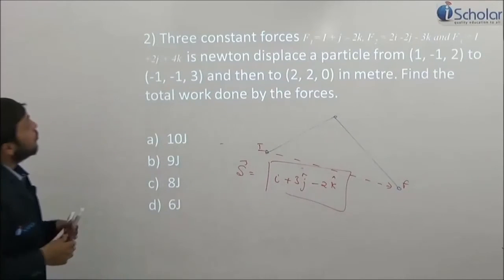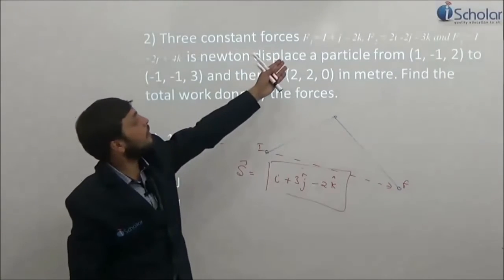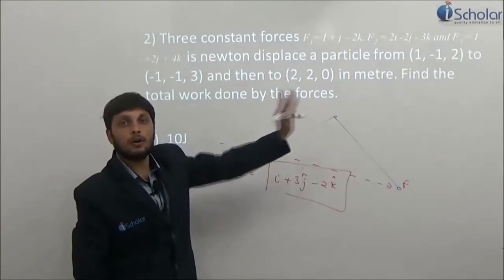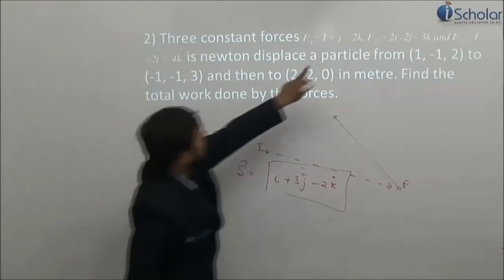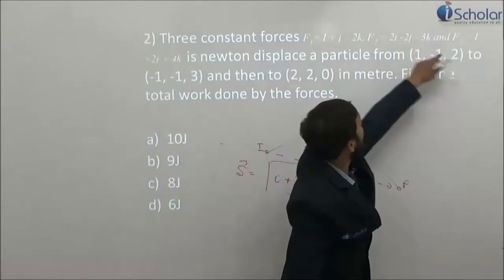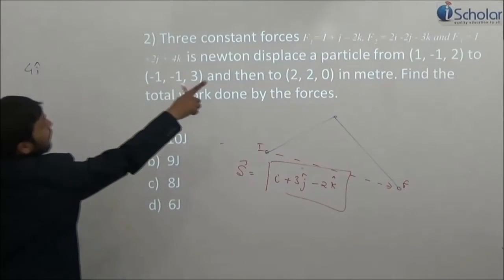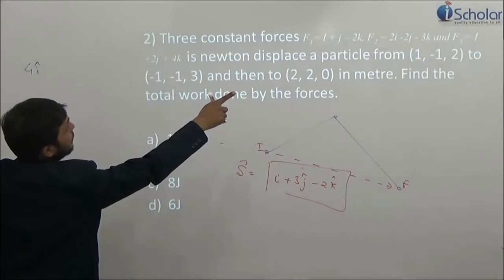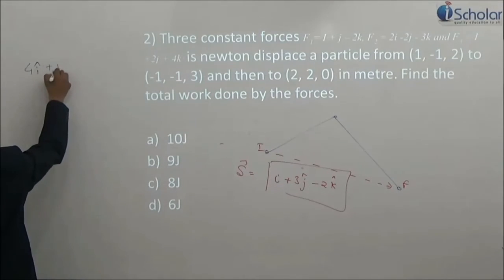So what is the net amount of work done? Net work done will use the net force. So what is the net force? i, 2i and one more i, so it is 4i. j, minus 2j and plus 2j, so plus j.